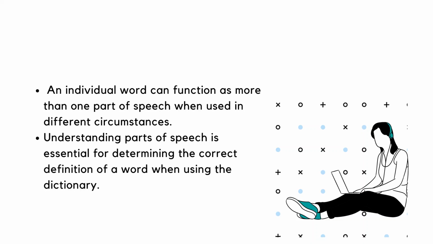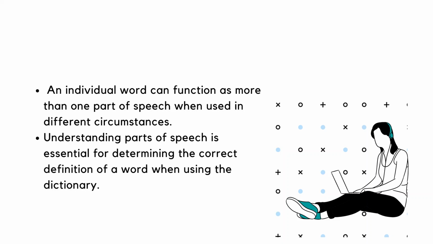Understanding parts of speech is essential for determining the correct definition of a word when using the dictionary. Because, for example, if you use the noun form of some word when you are required to use the verb, your sentence can become incorrect. Also, the listener or reader cannot understand you.